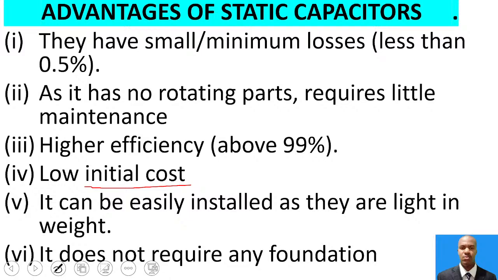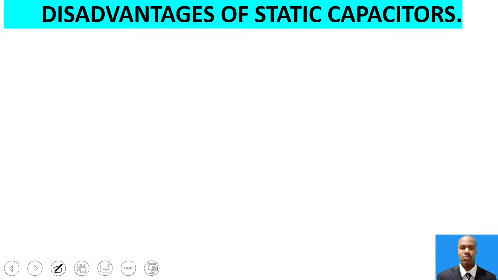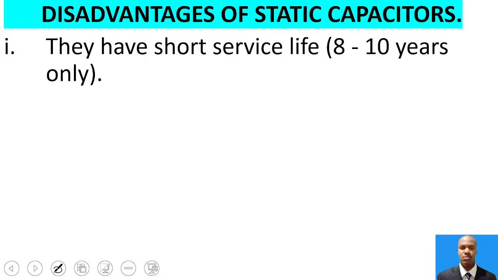Then in cases of overvoltage, it can be easily damaged if your line experiences an overvoltage, maybe from lightning and so on, or fluctuations that increase the voltage of the line. That leads to automatic damaging of the static capacitors.